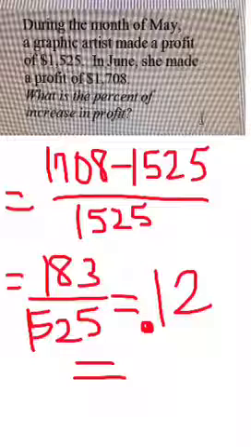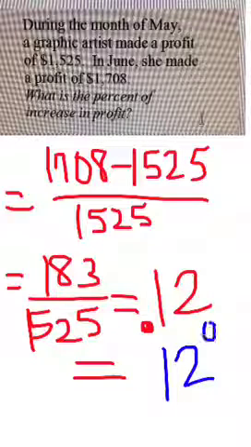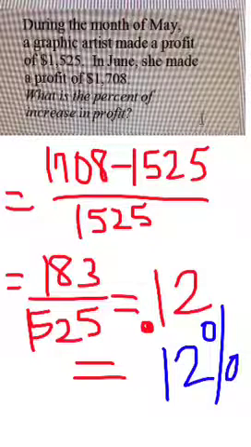Move your decimal point 2 places to the right, giving us 12% exactly. So there was a 12% increase in profit.